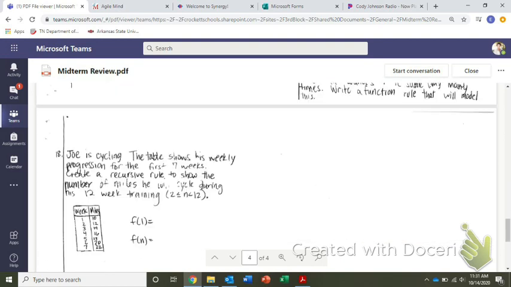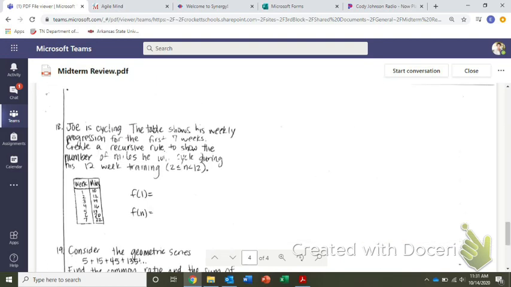All right. You've seen number 18. So f of 1 just means the first term. So when you put in a 1, you get out a 10. Okay? Now, f of n wants us to write the formula. So from 10 to 12, I add 2. 12 to 14, I add 2, and I keep going down. I keep adding 2.